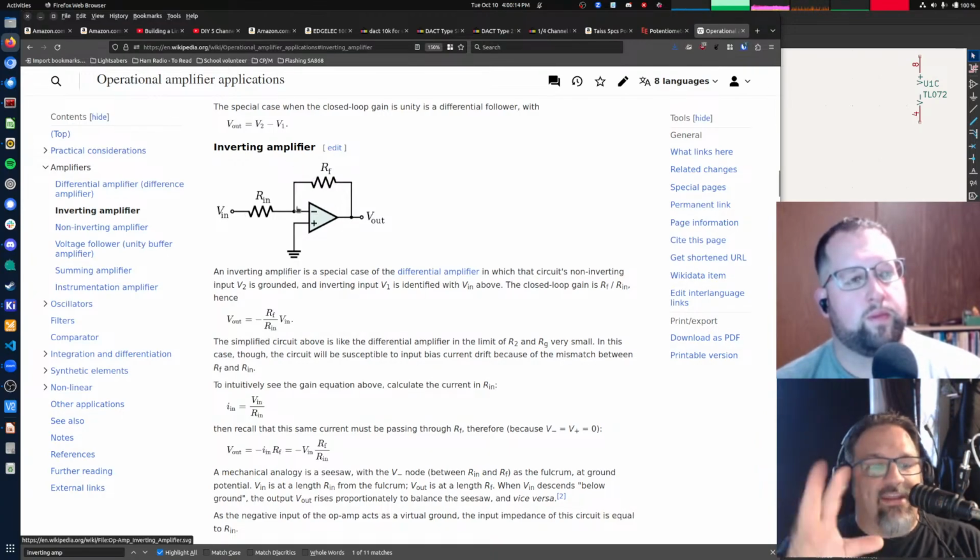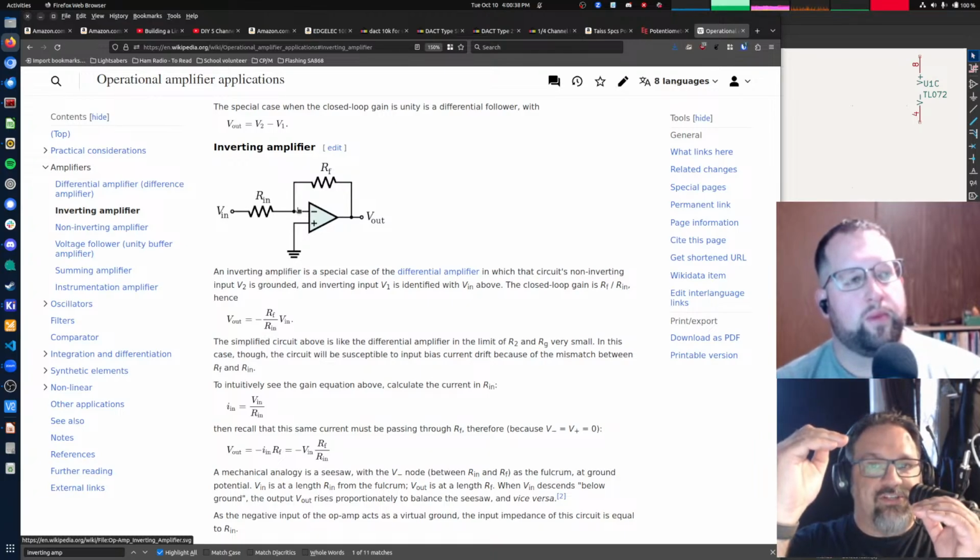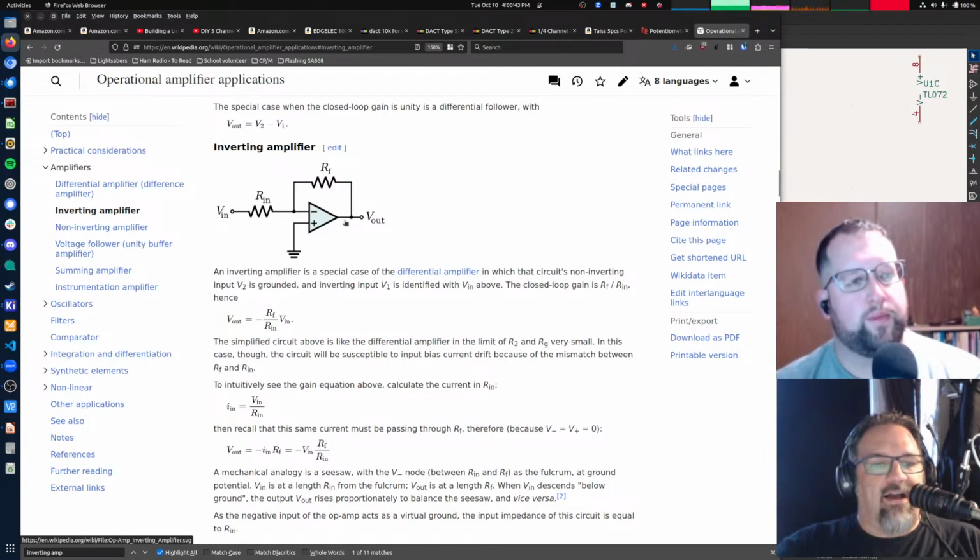We're not going to talk about gain here because I'm not actually trying to do gain. The important part about the inverting amplifier is that this node is always at ground. Always. At no point will this node right here increase or decrease in voltage, because if it did, that would cause the op amp to change the output voltage here so that whatever current was flowing through here would bring this back to ground.